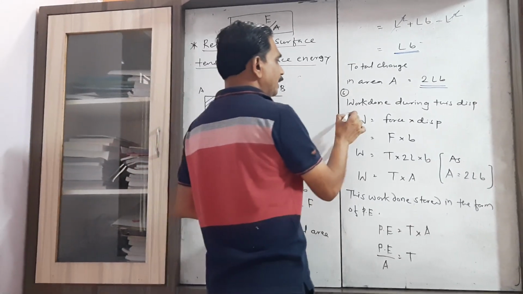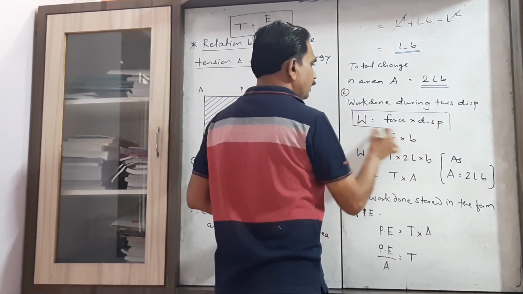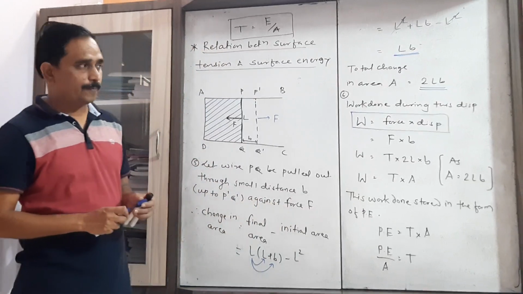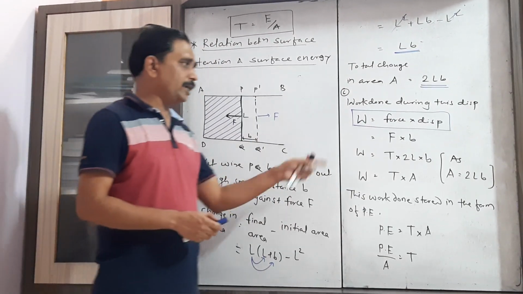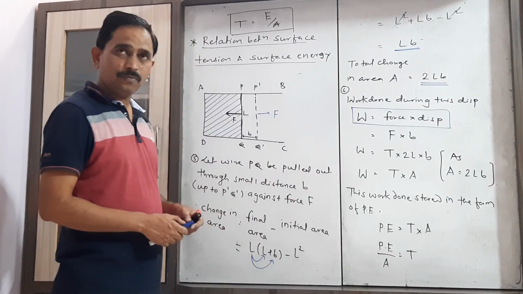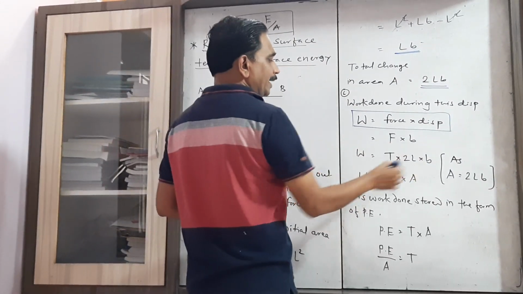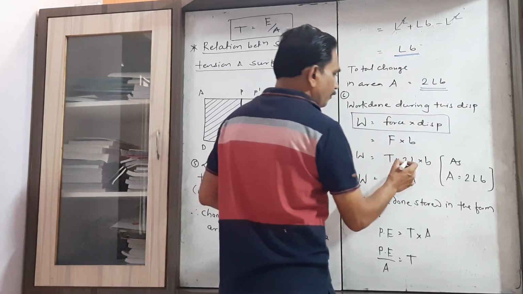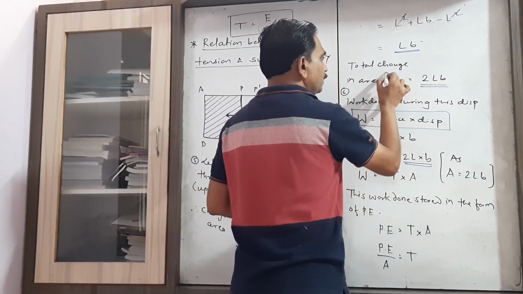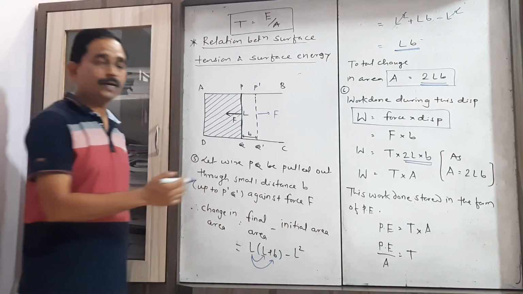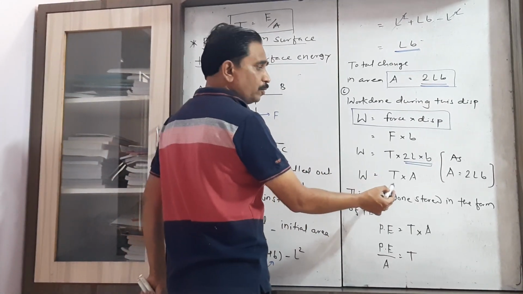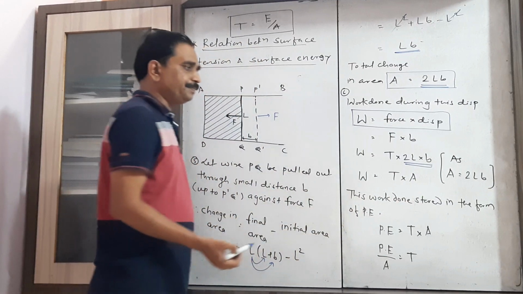Work done, as usual, equals force into displacement. Just put the value of force F equal to T into twice L from equation 1, and B as it is. We find twice L into B is the total change in area. So I write here work done equal to T into A.